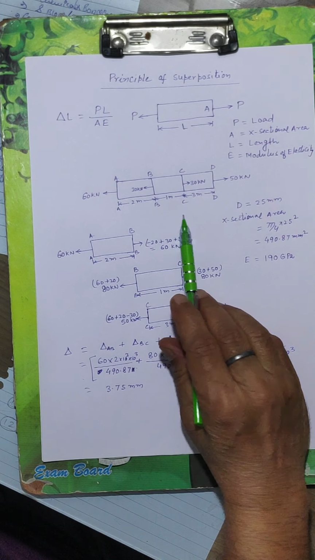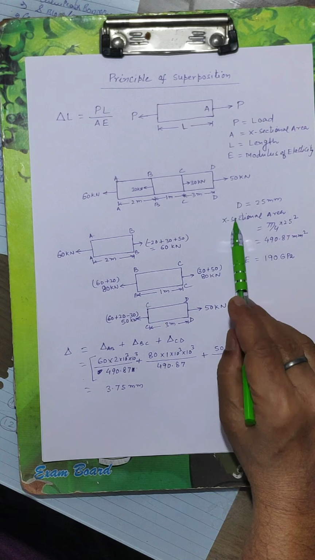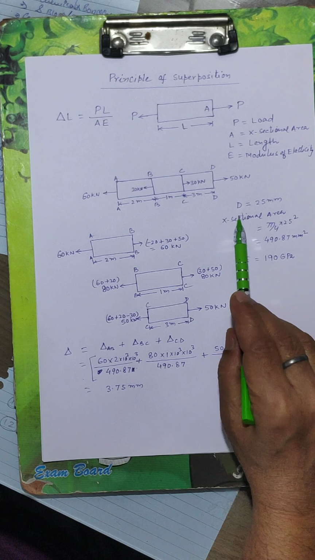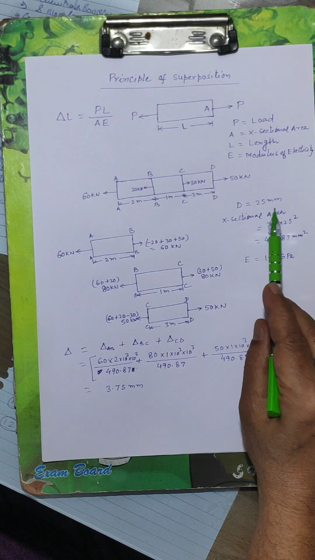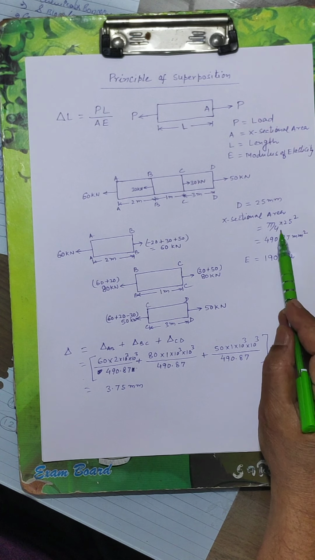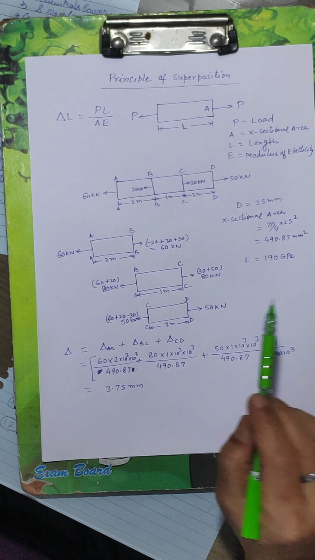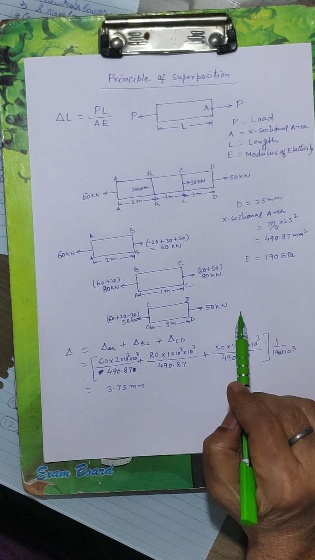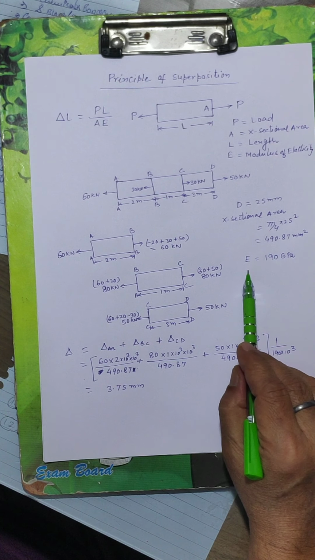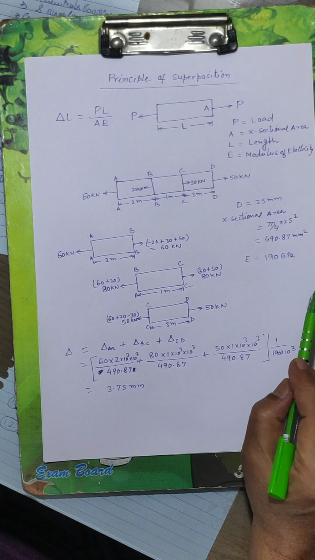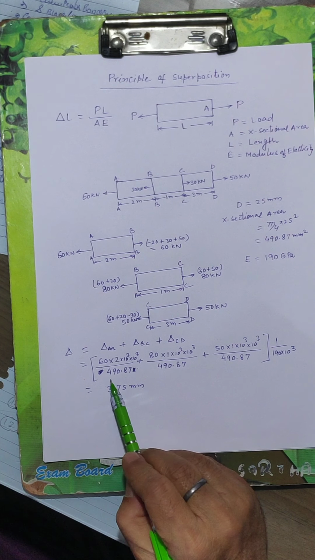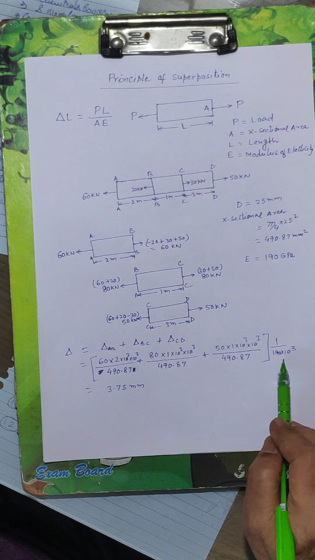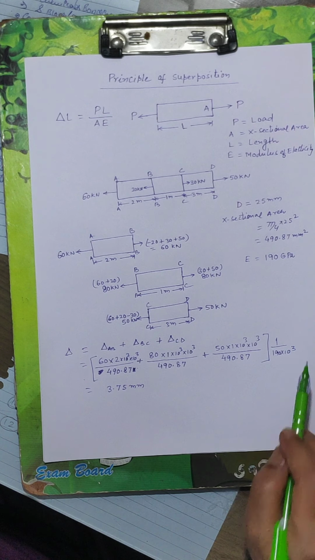The body having the cross-sectional area 490.87, because the diameter of this body is 25 mm. So the area will be equal to 490.87, and modulus of elasticity is the value which is given to us, 190 GPa. So 490.87, we have taken E outside of this bracket. The value is 190 into 10 to the power 3.